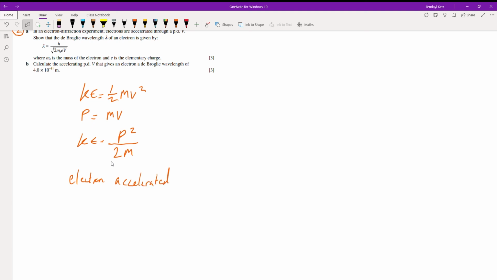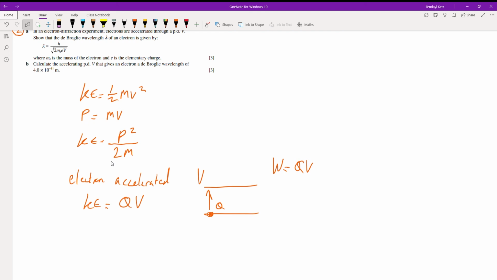That means the kinetic energy would be equal to QV, where Q is the charge on the electron, because you can think about it in terms of work being done by this charge moving through a potential difference. If you've got plates here, we've got an electron and it's moving there. It's got charge Q and there's a voltage applied. The work done is equal to Q times V. That's where that's coming from.